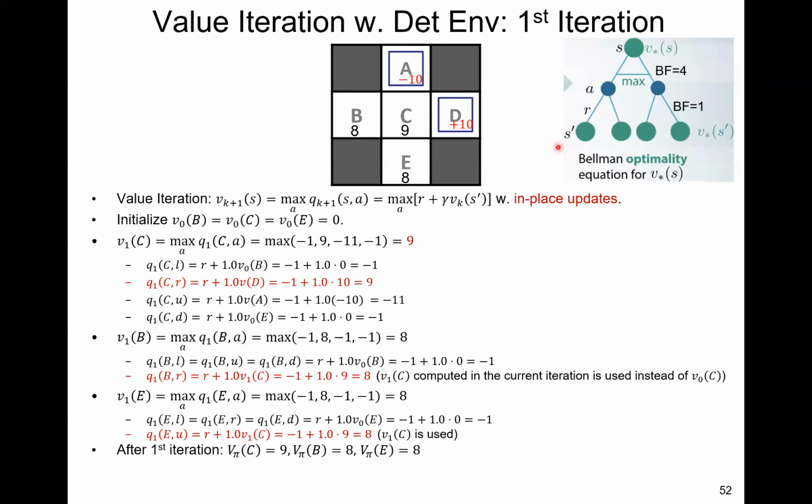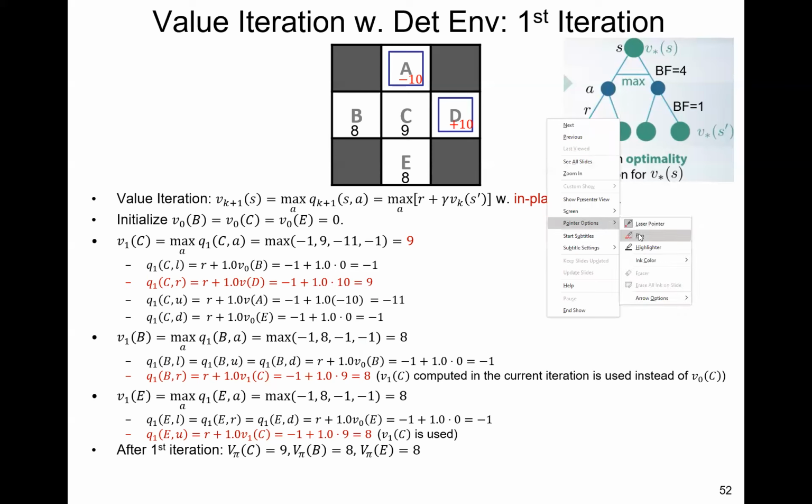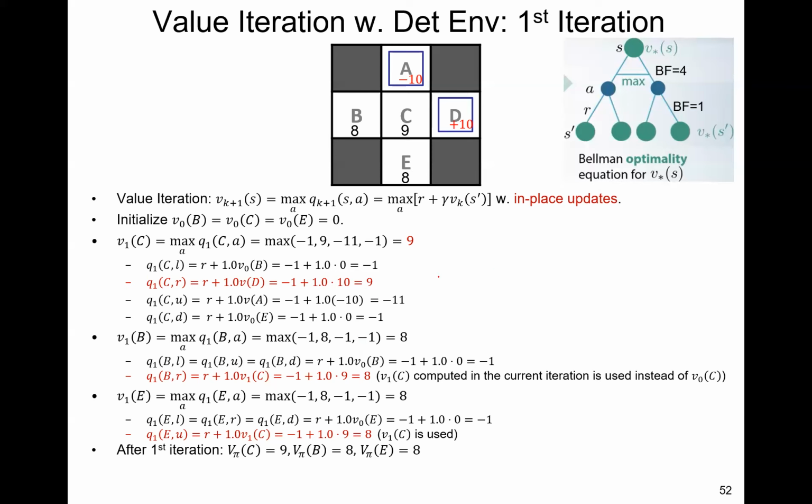By using in-place updates, you use this V1C directly within the current iteration instead of the previous iteration's V0C. This accelerates convergence. But if you did use the old V0C, it doesn't affect the correctness; you just need more iterations to converge. So this is called in-place updates.